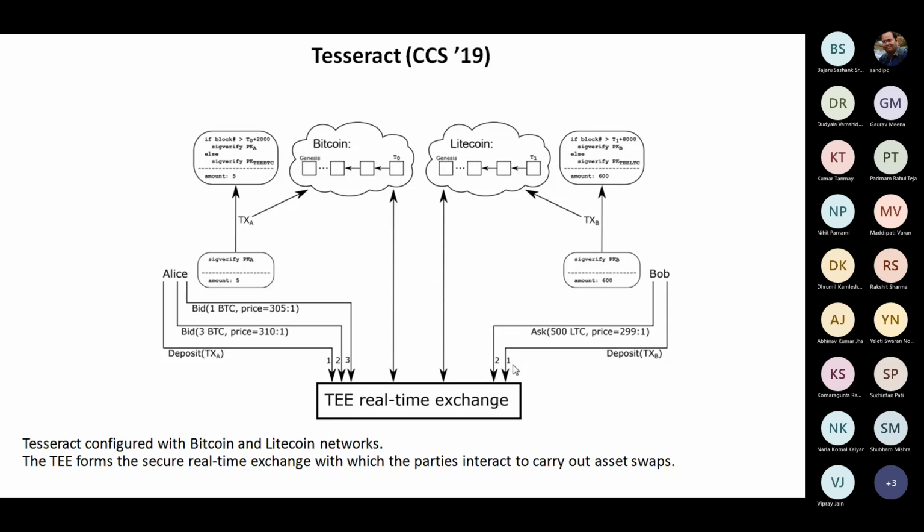Now what we see in this diagram is that Alice has Bitcoin. Alice is willing to sell her one Bitcoin, but only if she gets a price of 305. Likewise, she is willing to sell 3 bitcoins if she gets a price of 310.